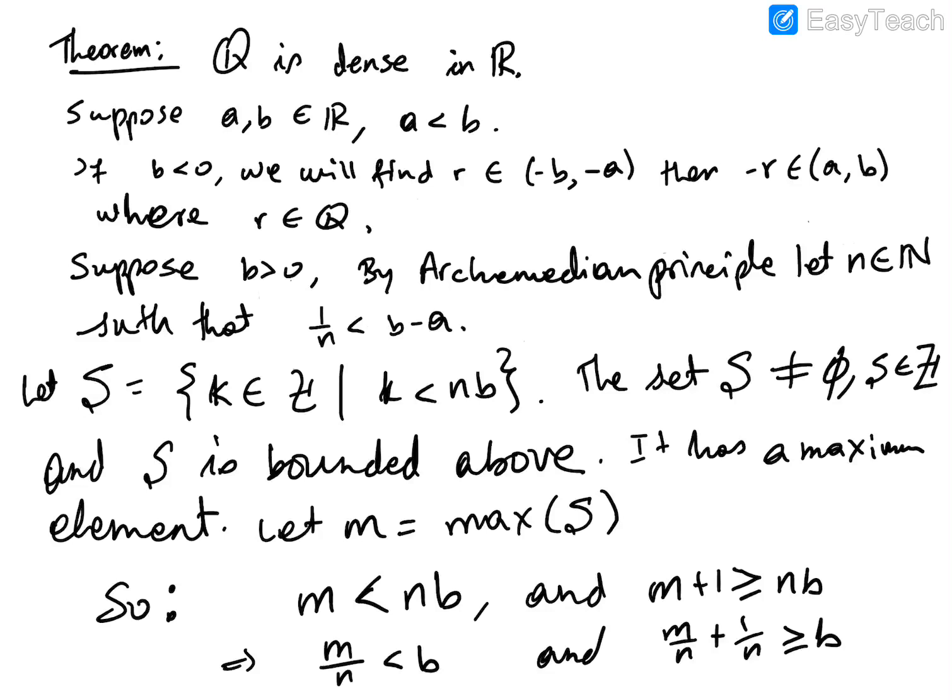So I will prove that m over n is actually greater than A also. I'm going to be using this trick and the fact that 1 over n is less than B minus A to show that m over n is greater than A. Okay, I'll do that in the next page.